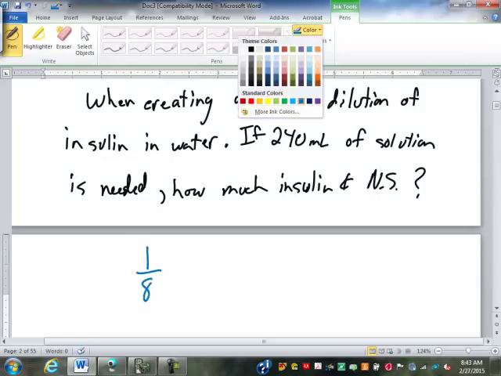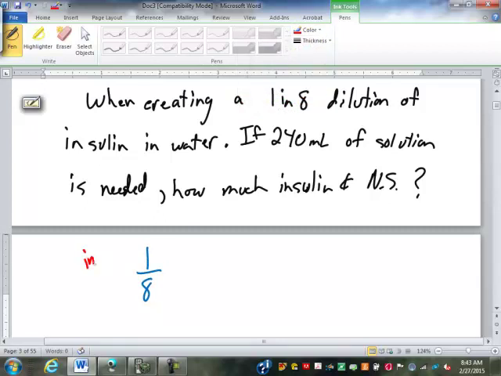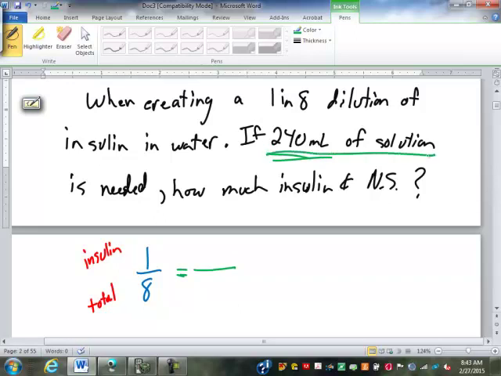So 1 to 8, that is our serum to total, so that's insulin in this case. So total solution. Okay. What's next? Let's go on back. 240 milliliters is the total solution, yes.